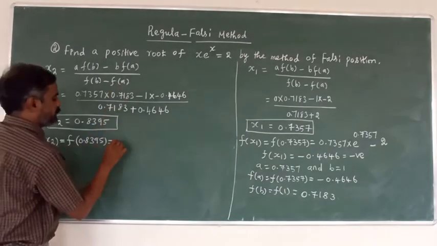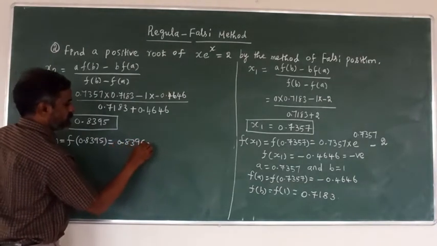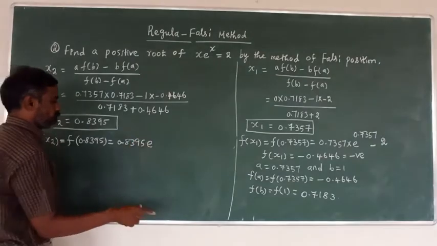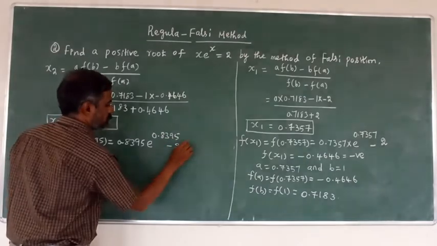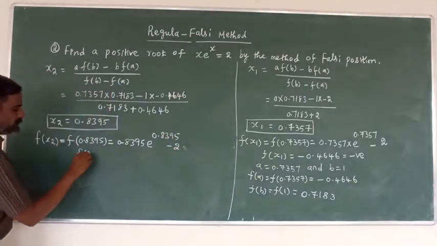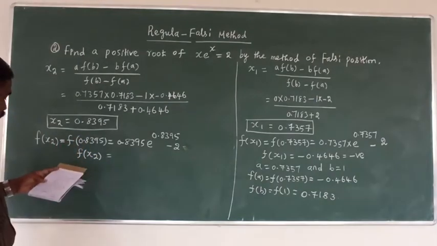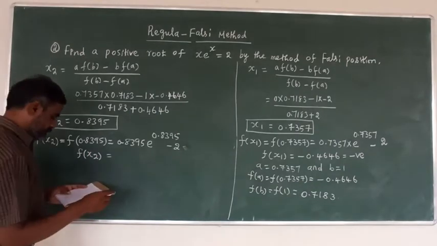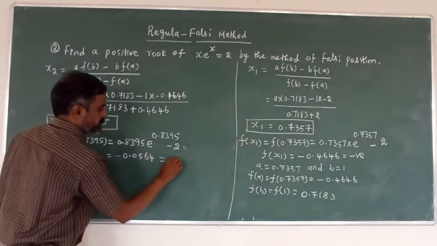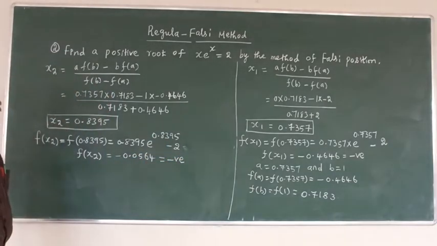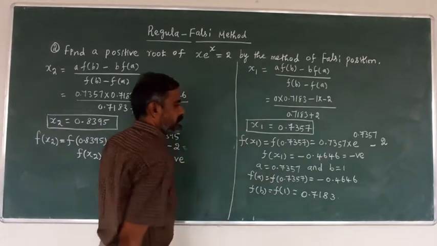Substitute in f(x): 0.8395 e^0.8395 - 2. We get the result f(x2) = -0.0564. This is a negative result, like the a value 0.7357.